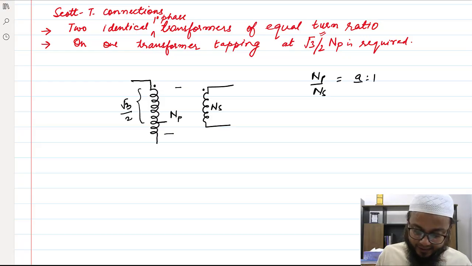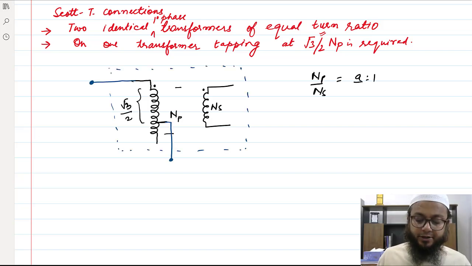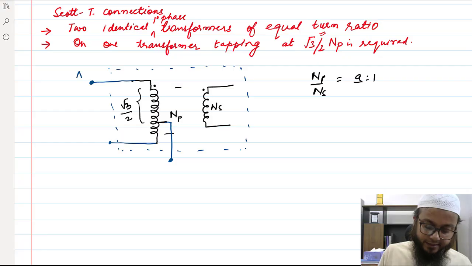So we need a tapping here at this point. This is one single-phase transformer, one unit. We have access to this tapping, let's call this point A and this tapping point M. This is at root 3 by 2 times NP, which comes to around 86.6%.